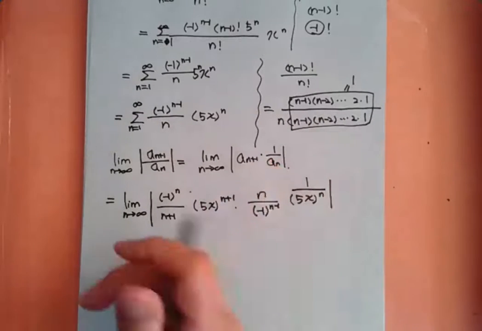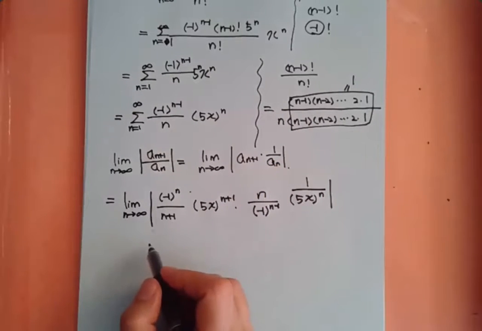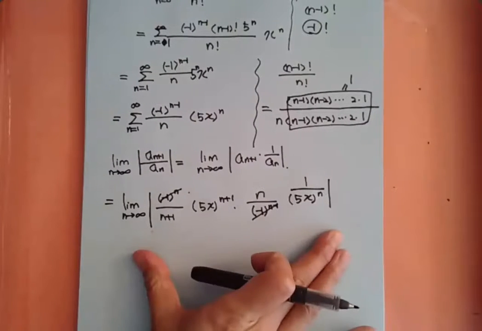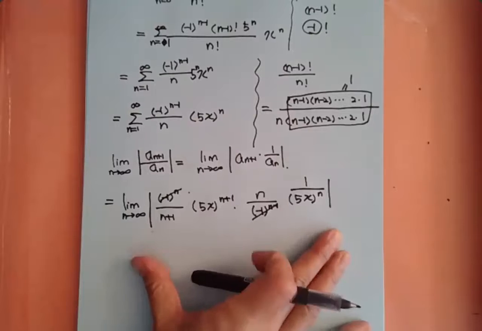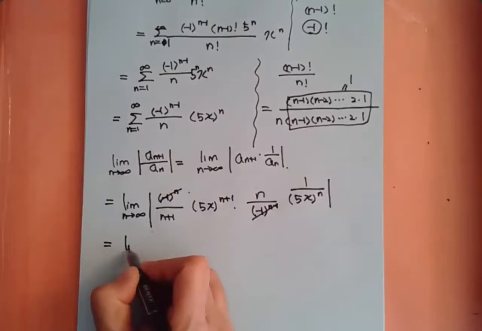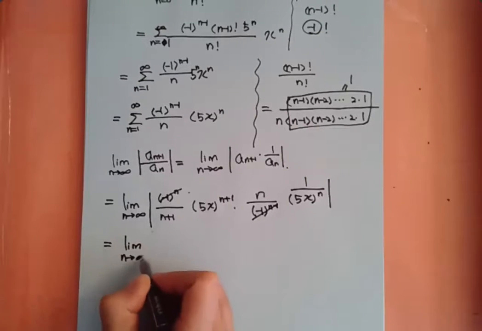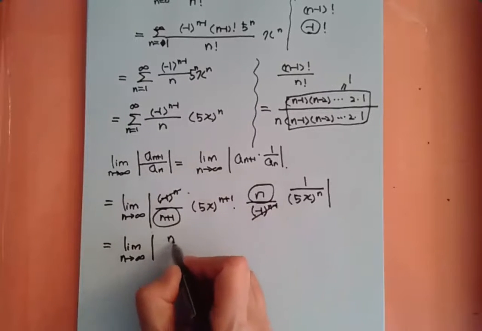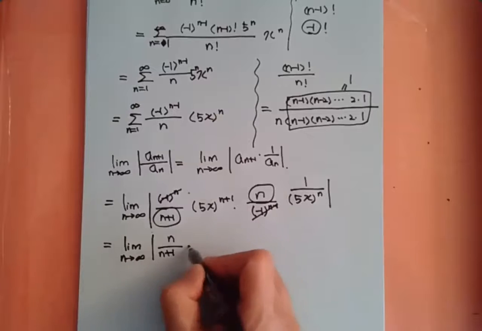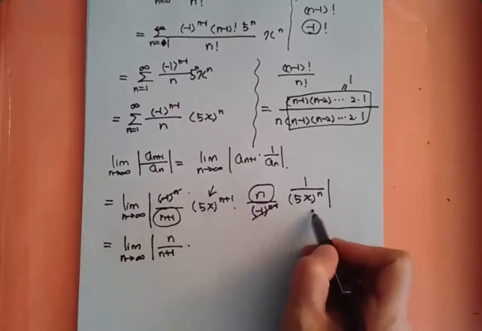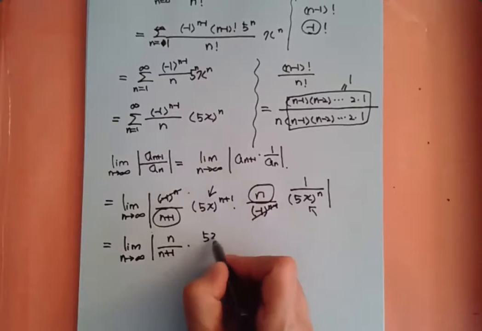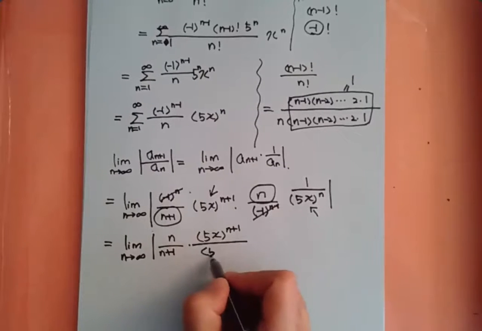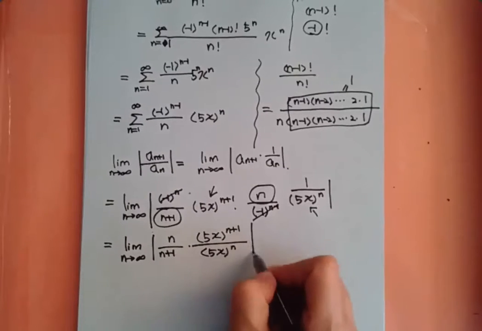So we think about the reciprocal. We don't think about minus 1 to the n power because we are thinking about absolute value. And then we will just gather the same kind, and these two will be together, n over n plus 1 times 5x to the n plus 1 over 5x to the n power.